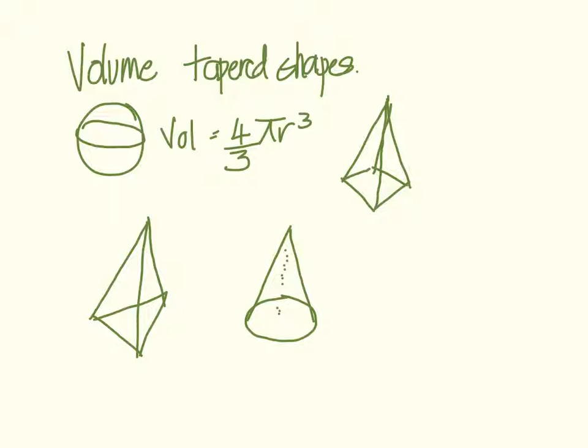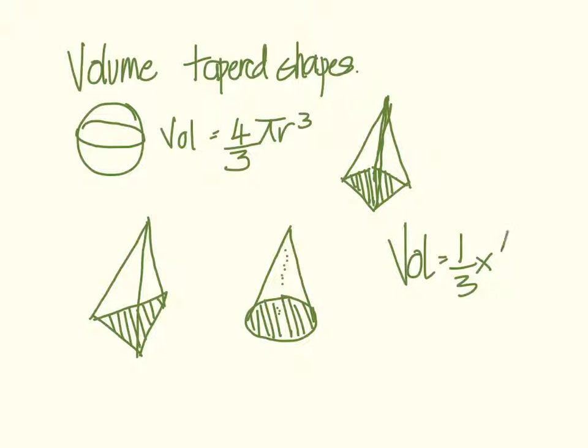Okay, what we need in this case is the height and we need the area of the base. Okay, so once again we're using an area calculation and we are multiplying it by 1/3 of the height. So the volume equals 1/3 times area times height.